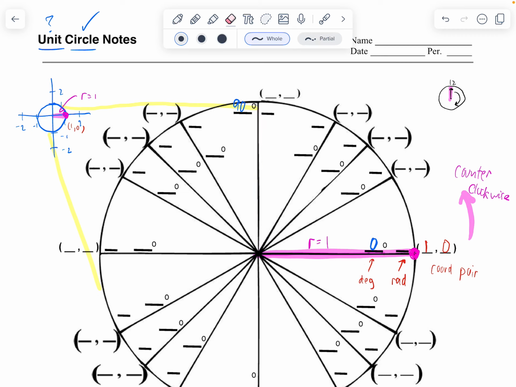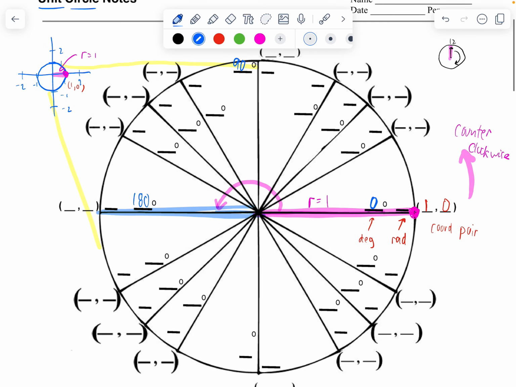If I do it again, starting from the beginning, and sweep all the way over to here, my new angle would be 180 degrees. So I'll put 180. And if I sweep all the way around, that takes me back to my start. We know that would be 360 degrees, so I'll write 360 degrees right under here as well.